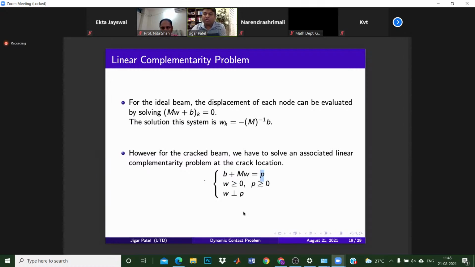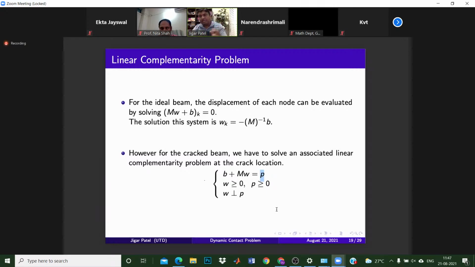And then we want W and P to be orthogonal to each other. In order to have the solution of the dynamical system, we want this problem to be satisfied at the crack location.